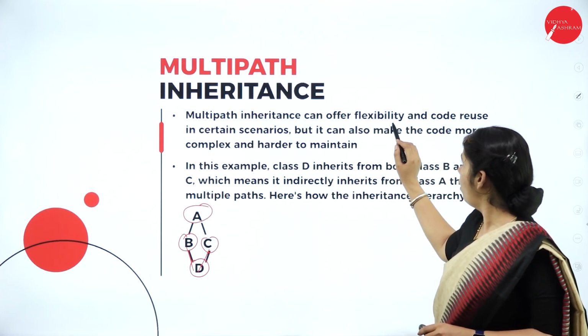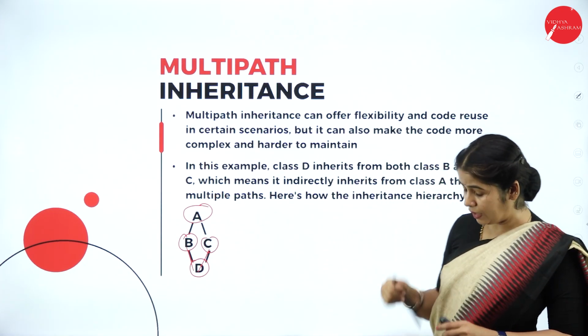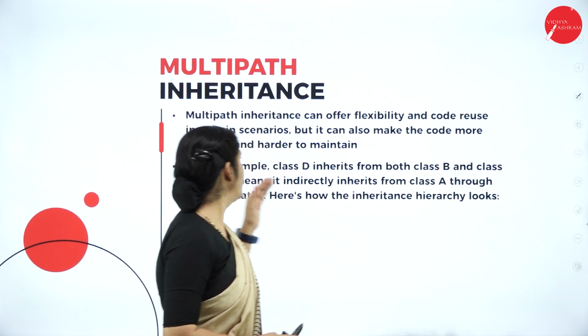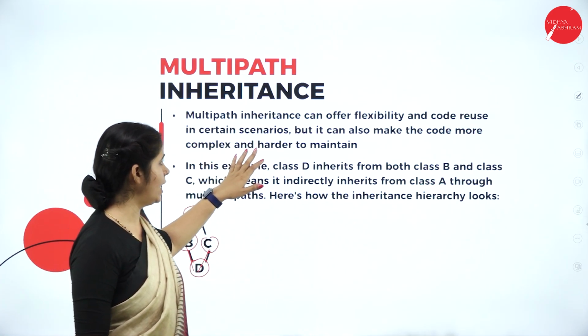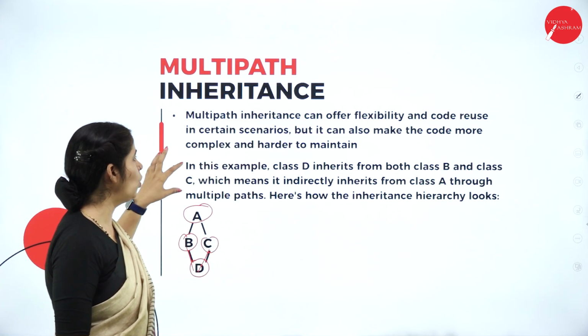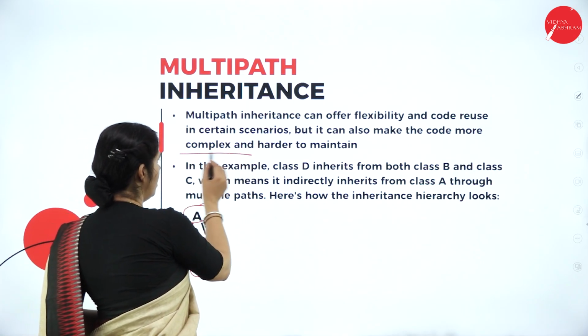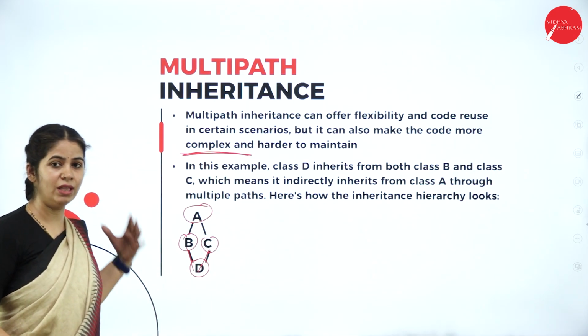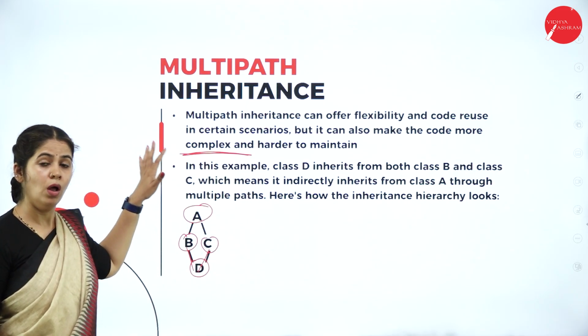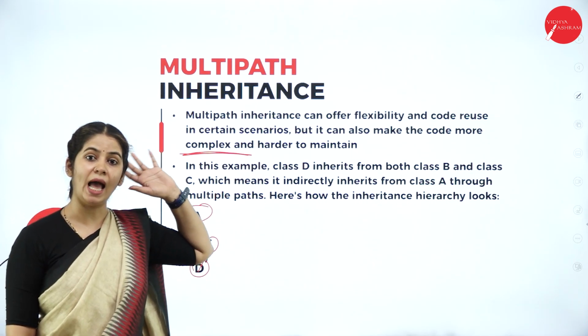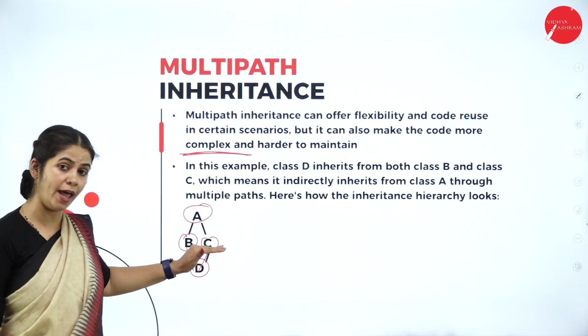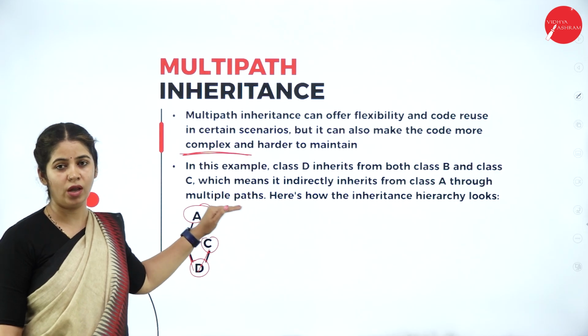Multipath inheritance can offer flexibility and code reusability in certain scenarios, but it can also make the code more complex. The disadvantage we have in multipath is that it makes the code more complex. You should have a clear idea of what you are inheriting from where and which type of inheritance you are using.